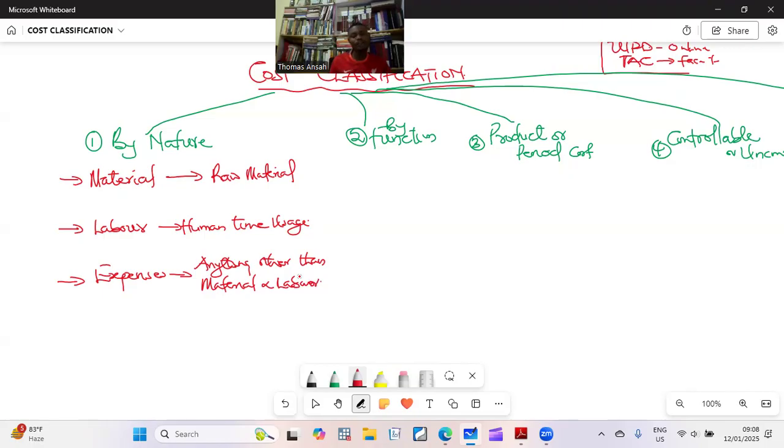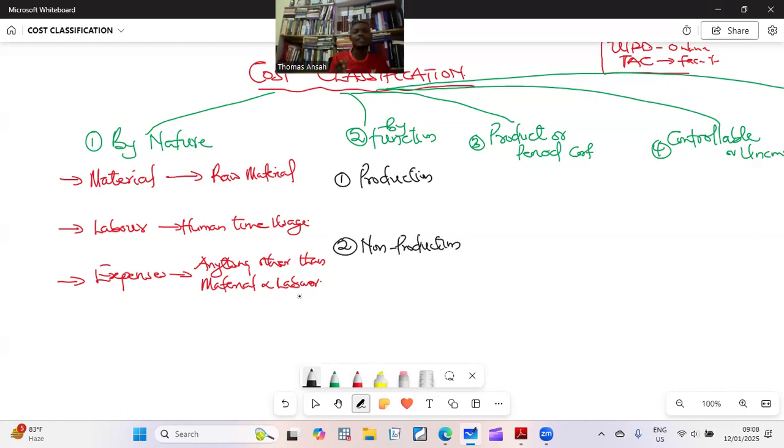Now let's talk about function. By function, we can say that the thing is a production cost or a non-production cost. By function, one, it can be a production cost, because either you are in the factory or you are not in the factory, or non-production.